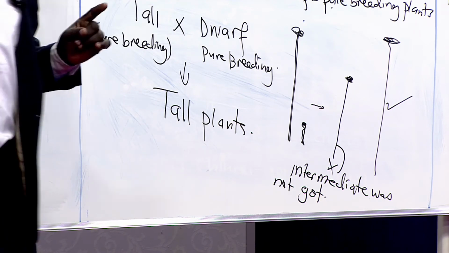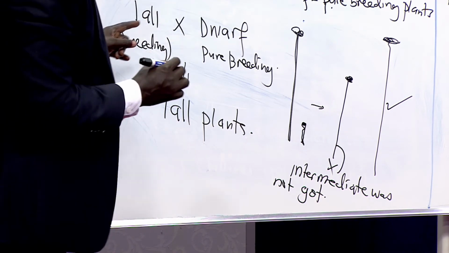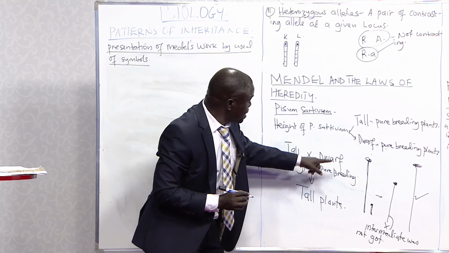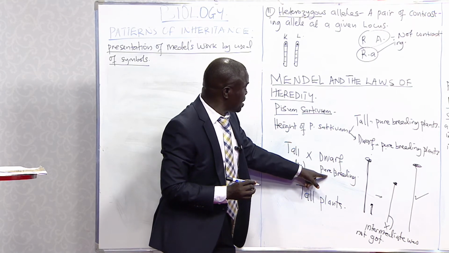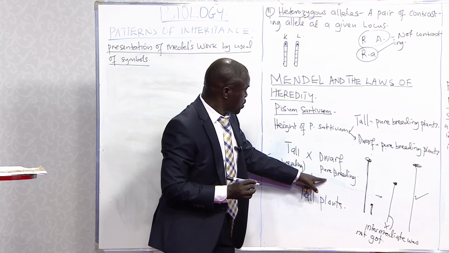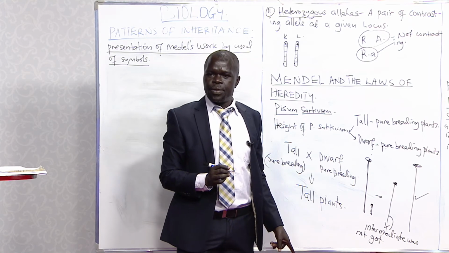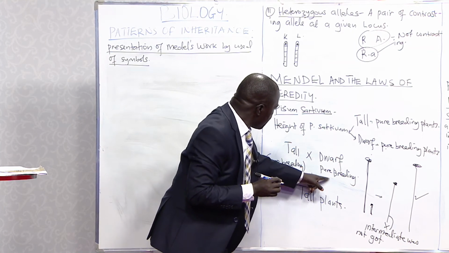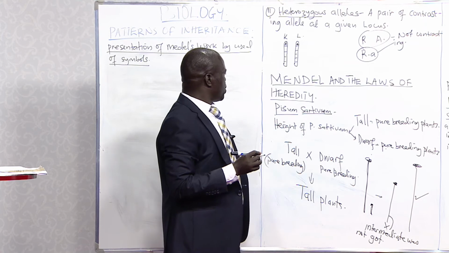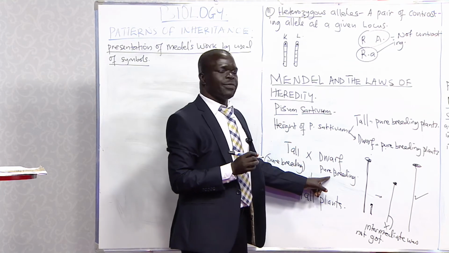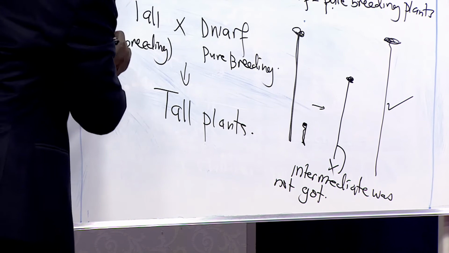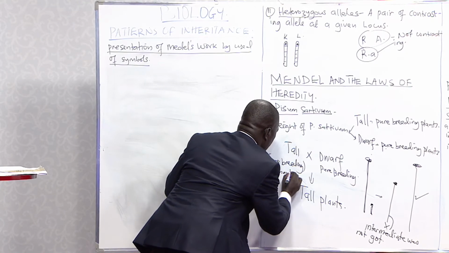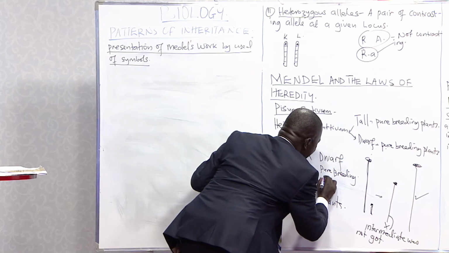Tall, because the gene controlling the dwarf condition, the allele controlling the dwarf condition of the pisum sativum, is recessive. Remember the term recessive. This one is dominant, and this one is a recessive gene.